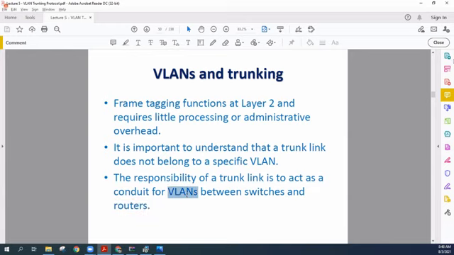Tagging is specific to layer 2 communication. If a router is involved, the router receives the VLAN tagged frames, but it does not pass such traffic through the router. Only switches have this tagging mechanism.